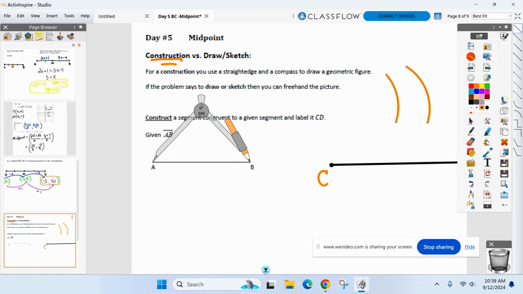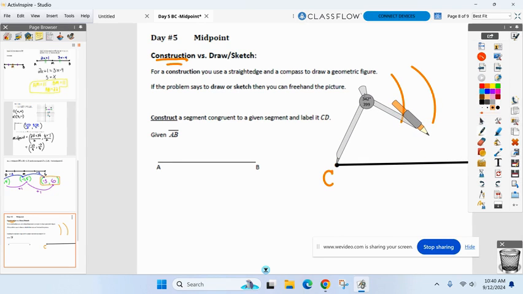Move your compass point over to point C. And you're going to make an arc. It doesn't have to be a big arc. Make an arc that intersects your line segment. I just need an arc that intersects your line segment.